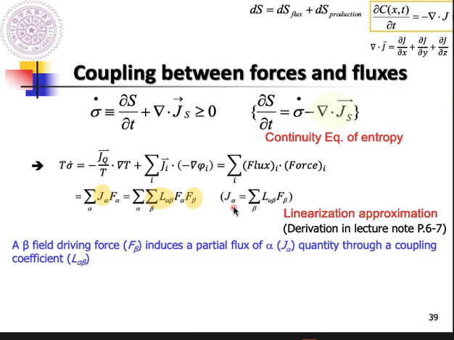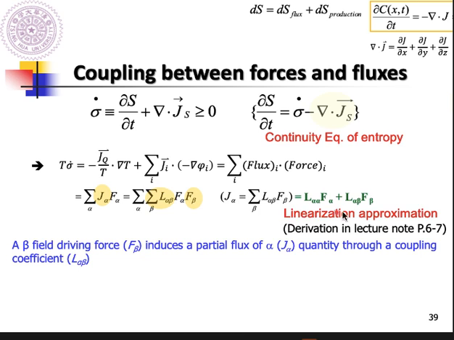J alpha equals the summation over the number of driving forces of L alpha beta times F beta. So if beta is alpha, you get L alpha alpha F alpha, plus, for beta, L alpha beta F beta.